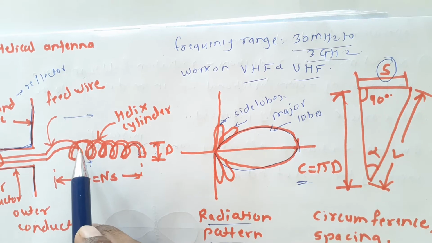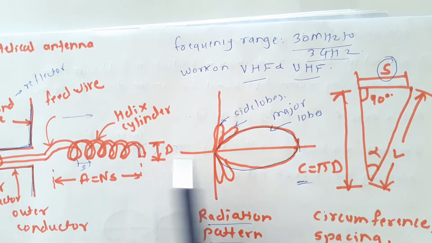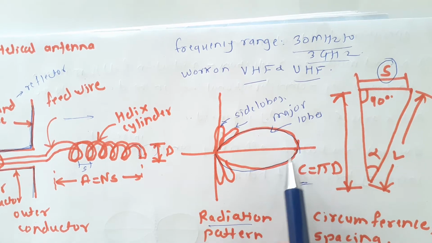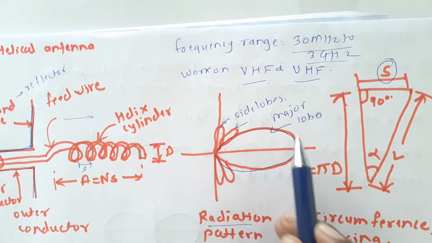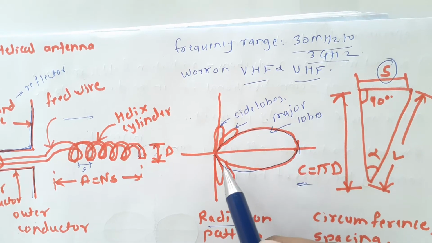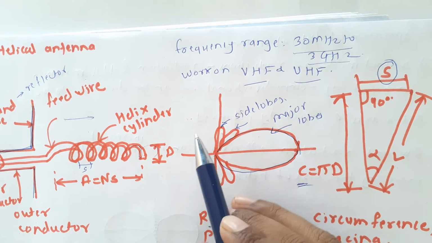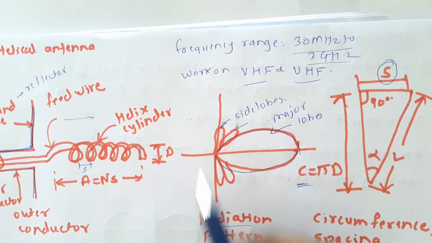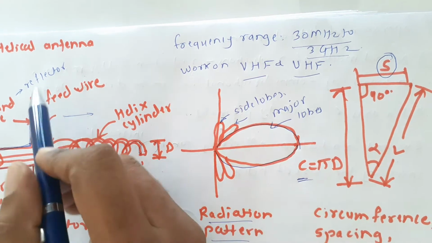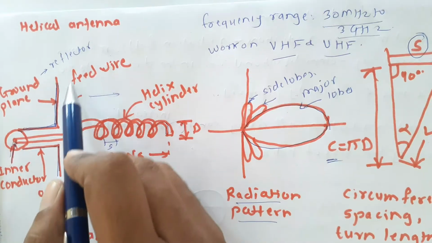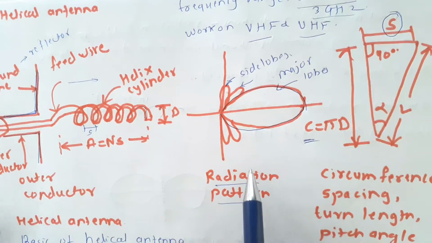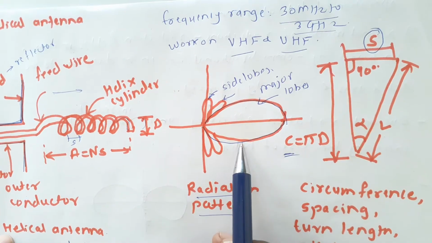As the number of turns increases, this major lobe also increases. You will observe this major lobe, and these are the side lobes. Whatever reflected signal is there will be attenuated by the ground plane or reflector. This is the radiation pattern of the helical antenna.